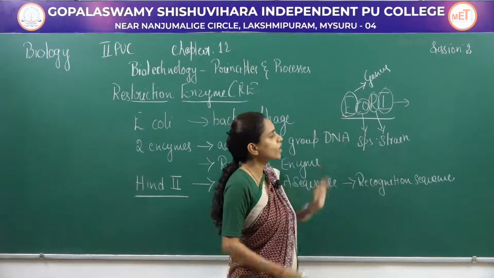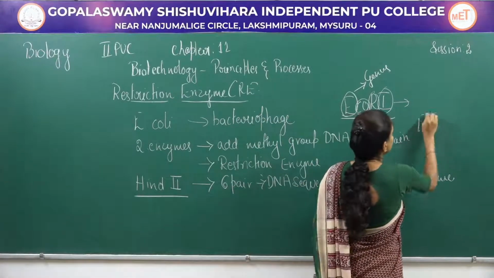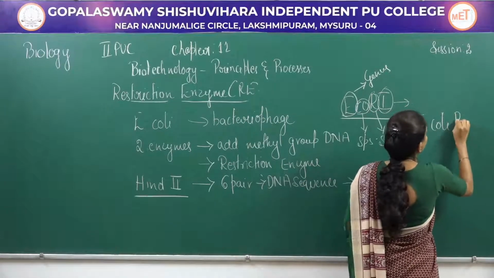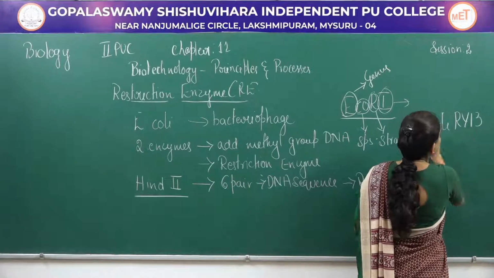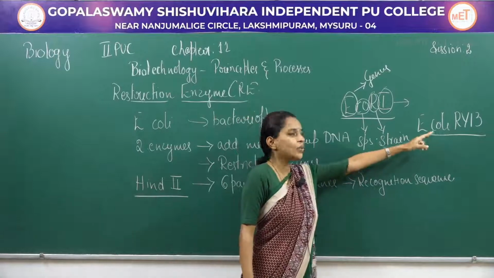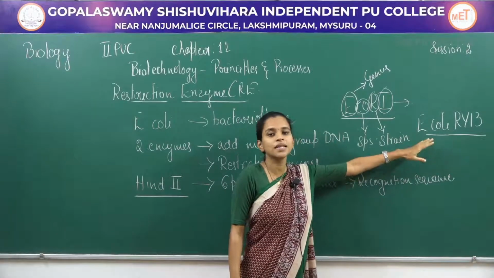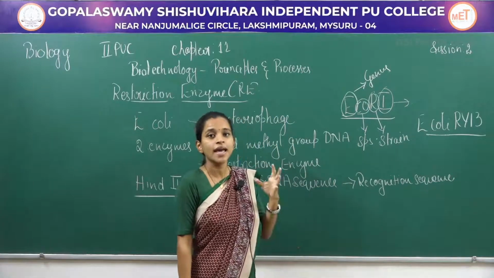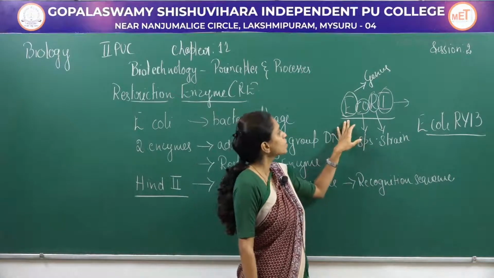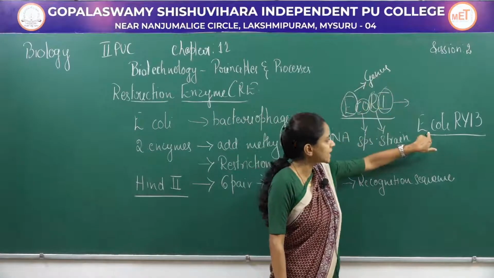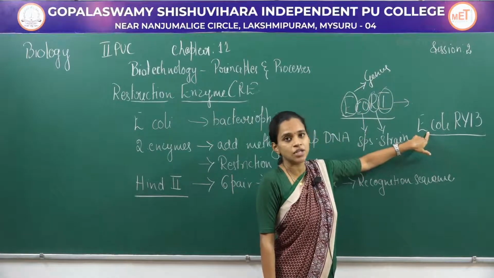When it comes to EcoRI, it has been extracted from E. coli RY13. So E. coli RY13 is the bacteria from which this EcoRI restriction enzyme has been extracted. Now, the first letter has been taken from the genus, that is E, here it means Escherichia.